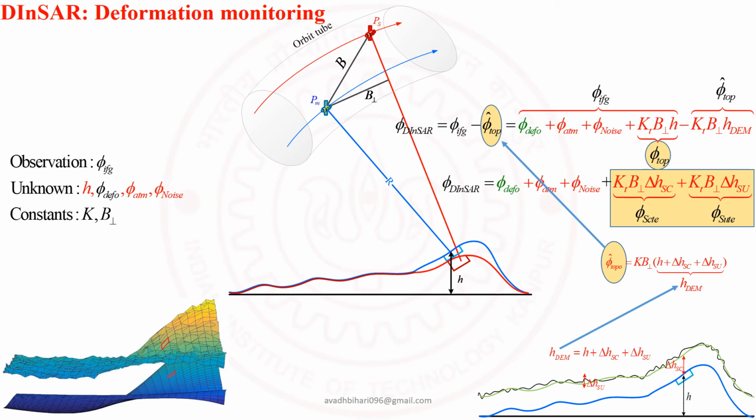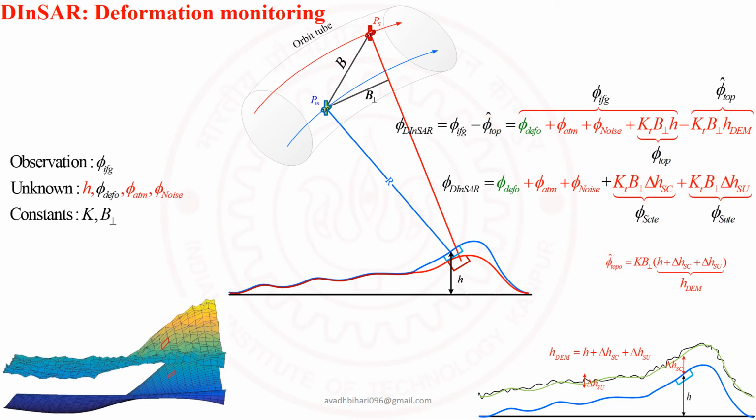The residual topographic phase due to spatially correlated DEM error is called spatially correlated topographic error and is represented by phi SCTE. And topographic phase error due to spatially uncorrelated DEM error is called spatially uncorrelated topographic error and is represented by phi SUTE. The subscripts SC and SU stand for spatially correlated and spatially uncorrelated, and the TE in this subscript represents topographic error.